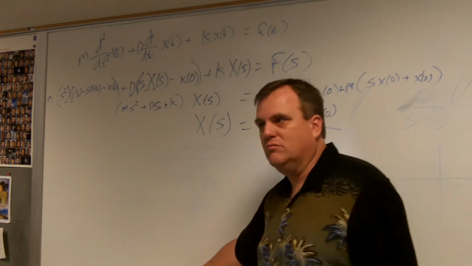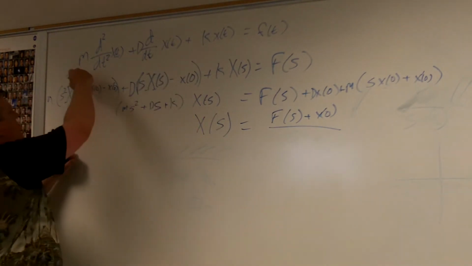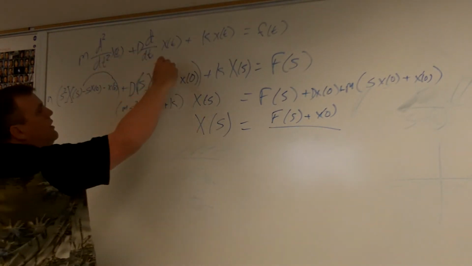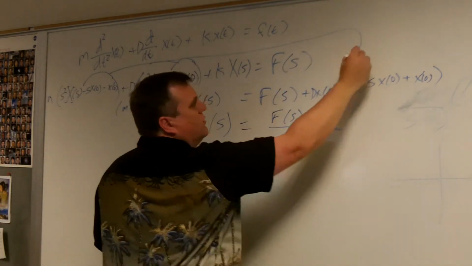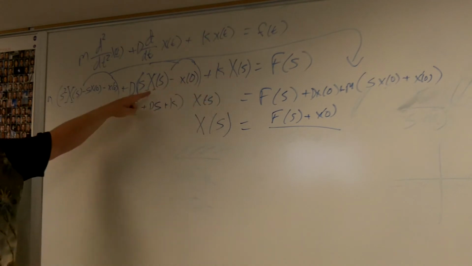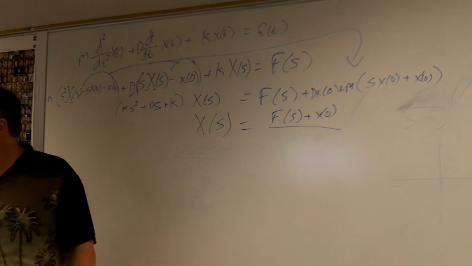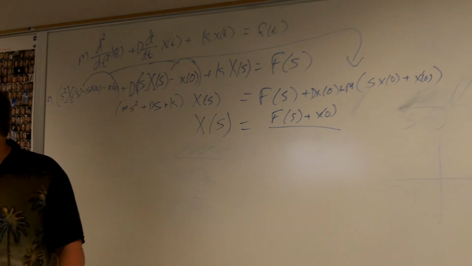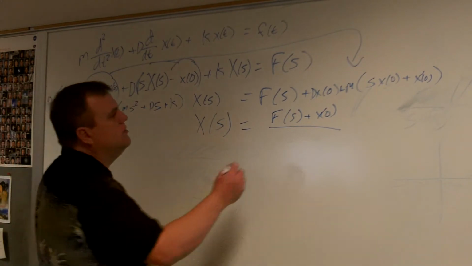We agree with that so far? All I've done is take these two and this one and bring them over to the other side. Then I've got the terms that have X sub S, and I've factored them out. Good? And then, of course, I'm going to divide by that.